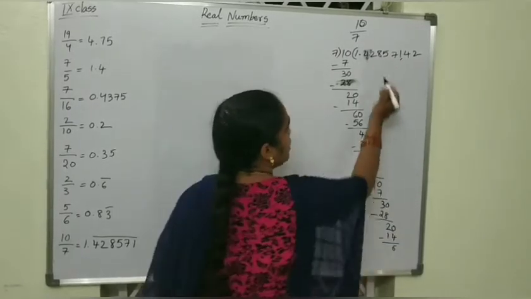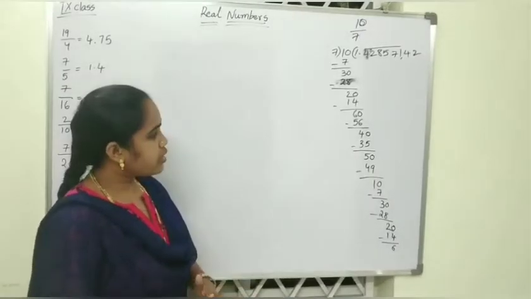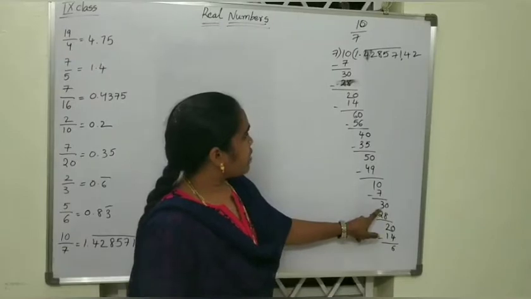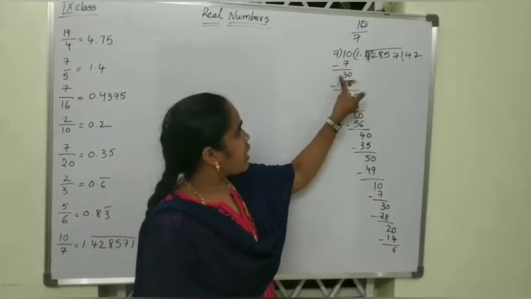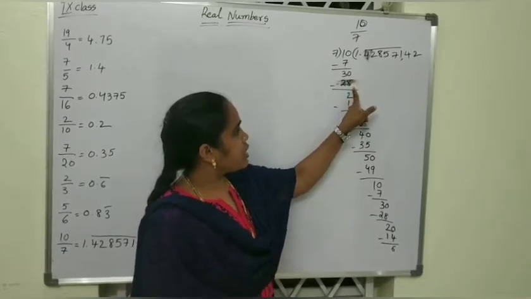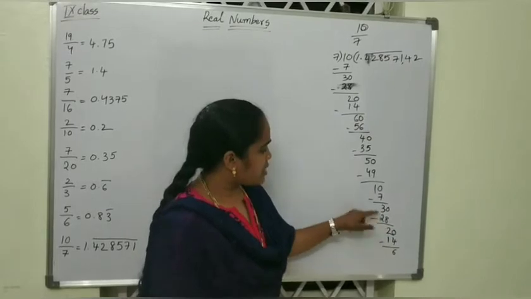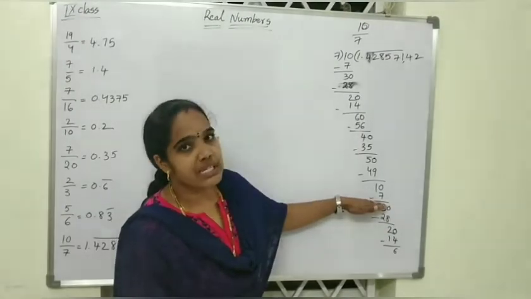The remainder 3 became 30, 28, again 20, 14, 60, 56. That means from here onwards, the quotient is repeating.